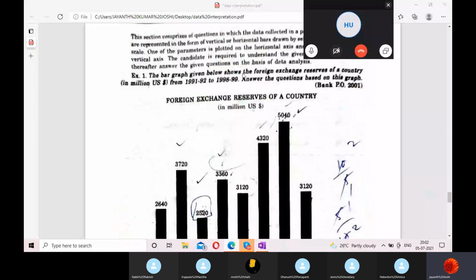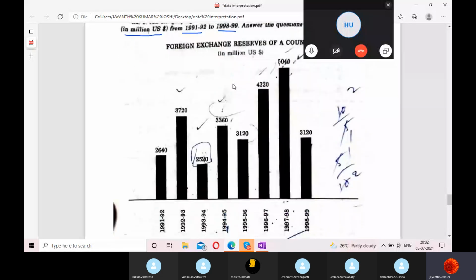The bar graph given below shows the foreign exchange reserves of a country in million US dollars from 92 to 98, 99. So they have given here.